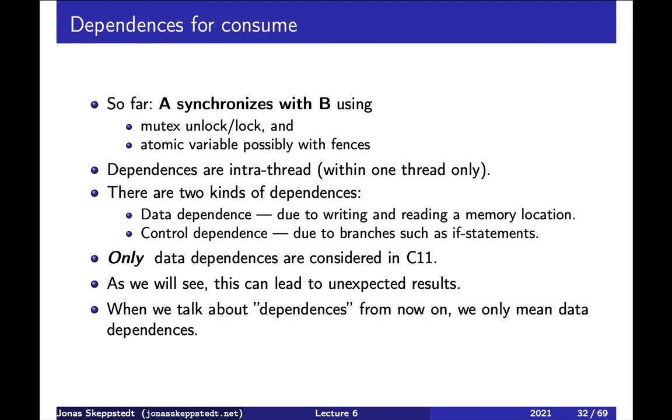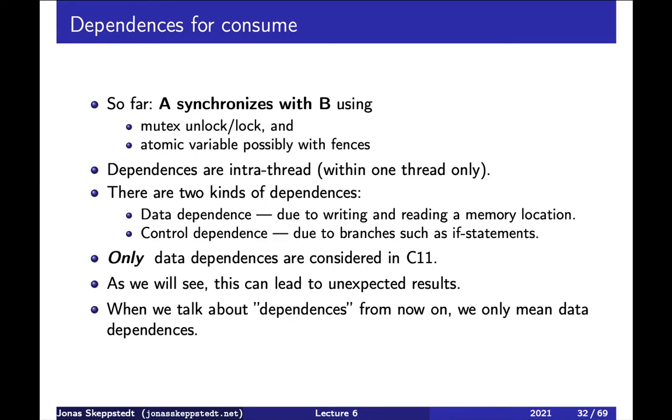But the third way to avoid data races is called dependency ordered, that some operation is dependency ordered before another operation. And there are two kinds of dependencies, and you are guaranteed to be familiar with both.